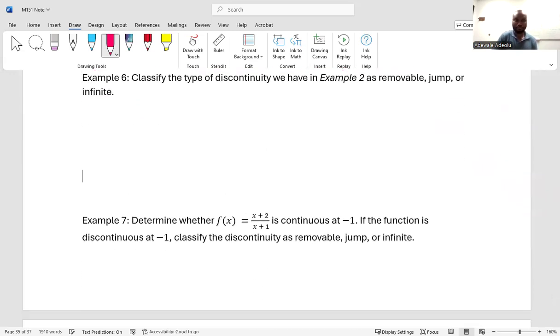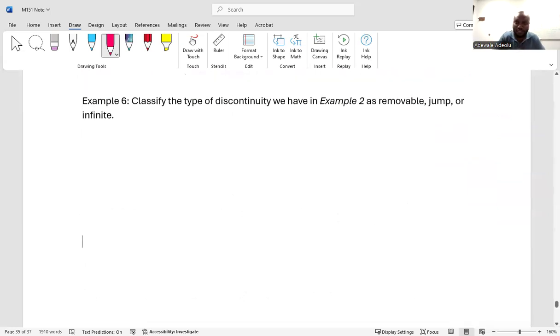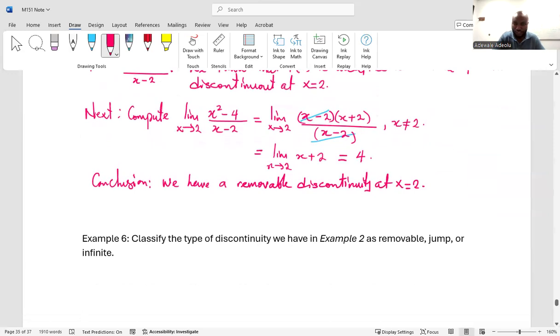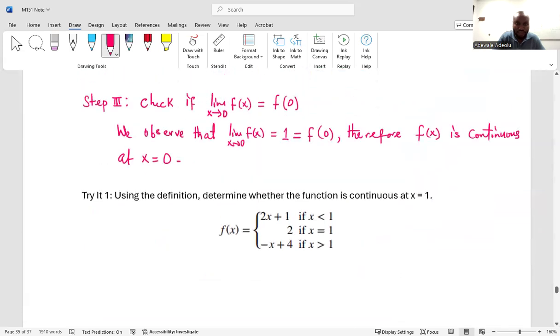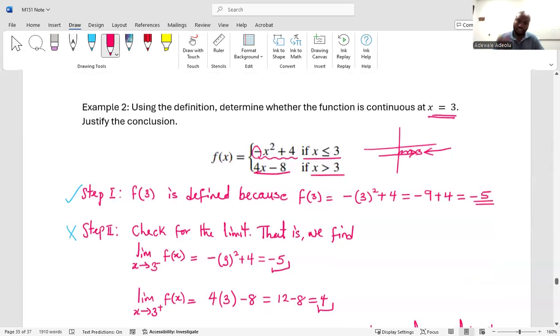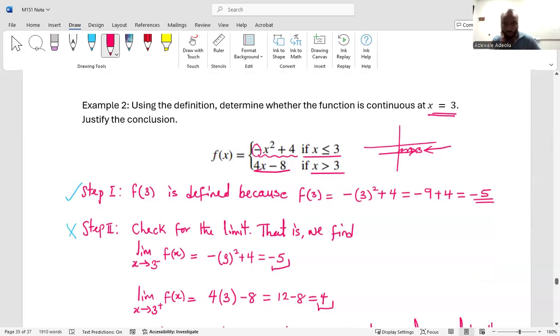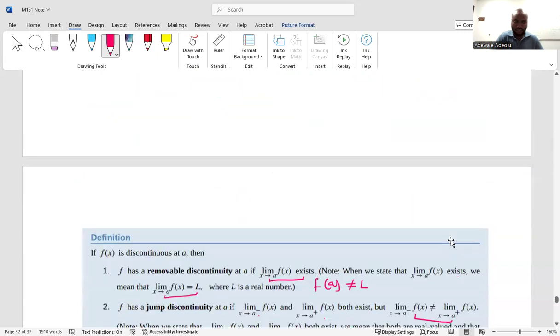Okay. Classify the type of discontinuity we have in example 2 as removable, jump, or infinite. Again, let us look at the function we have in example 2. Example 2 is a piecewise function.